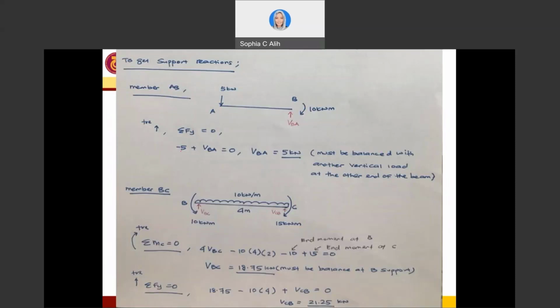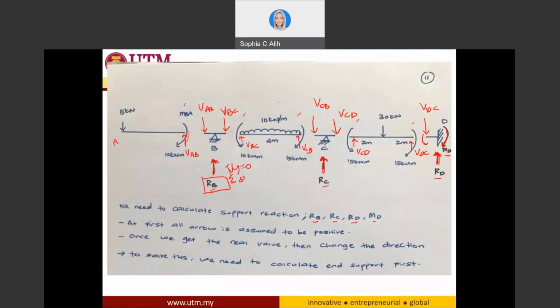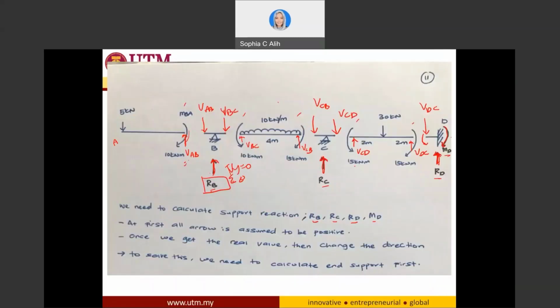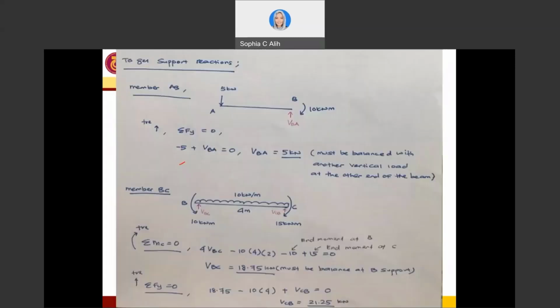Total Fy equal to 0, so I have -5, and this one is pointing upward, plus VBA equal to 0, so easily I can get VBA equal to 5 kilonewton and pointing upward, meaning in the positive direction. So this one is going to be 5, and this one pointing downward also is going to be 5.